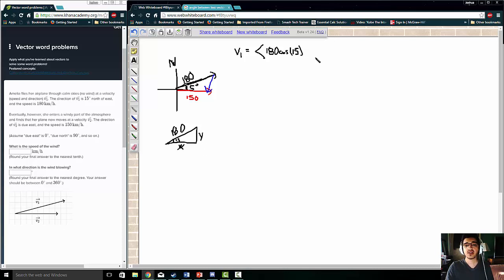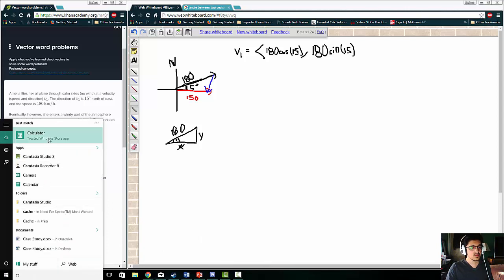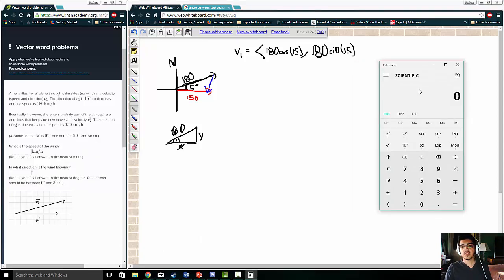And we can see that the y component is going to be 180 sine 15. So let's plug that into our calculator, which I do not have open, so let's open that up. So let's do 180 times cosine of 15. Whoops, that's not how that works.